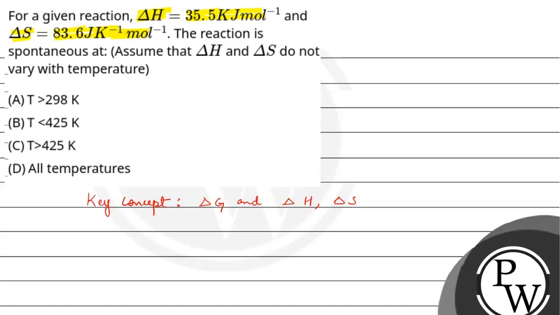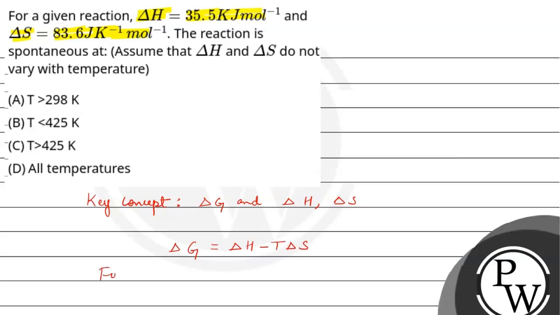We have to find this relation to determine at what temperature the reaction is spontaneous. So it is related by Gibbs free energy change equation, which is represented by delta G is equal to delta H minus T delta S.